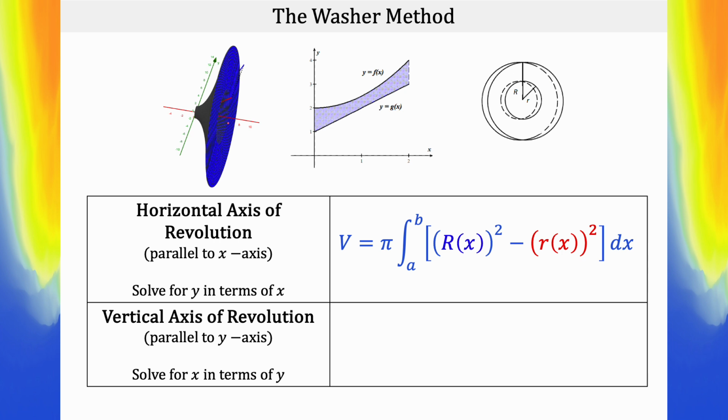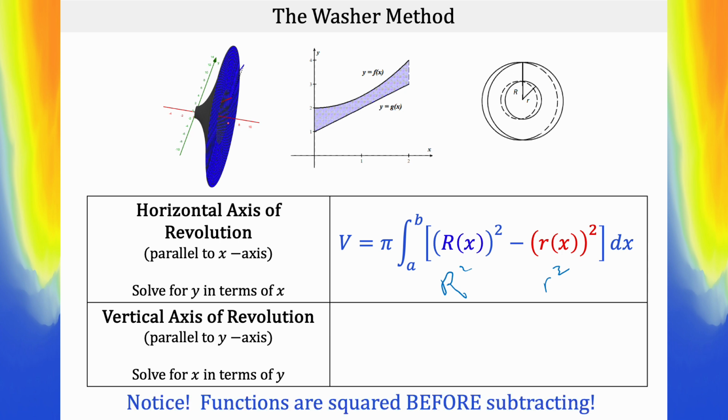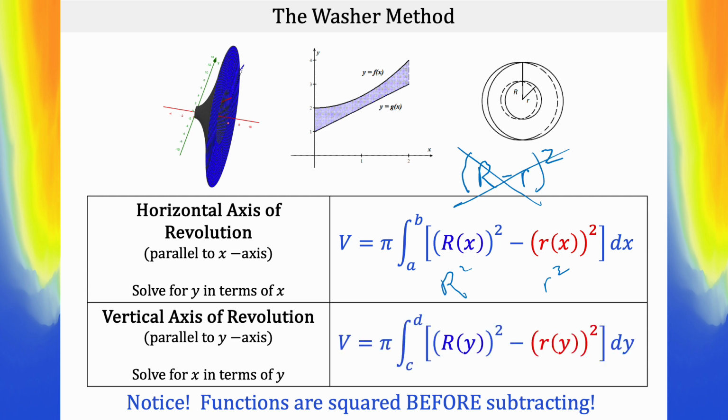We have big R squared minus little r squared. That's parallel to the x-axis. Notice, and this is important, the functions are squared before subtracting. So what you don't want is big R minus little r squared. Don't do that. And of course, we can do it around the y-axis as well.